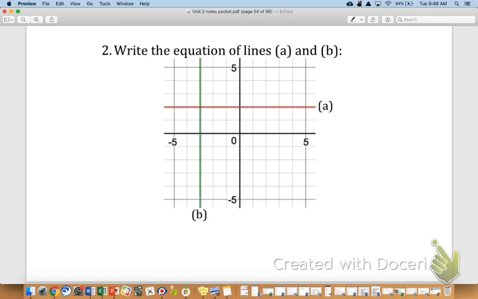Interesting approach. I like it. So far, so good. What's the slope of the horizontal line? If I tried to ski it, how fast would I go? So the slope of the horizontal line is 0.